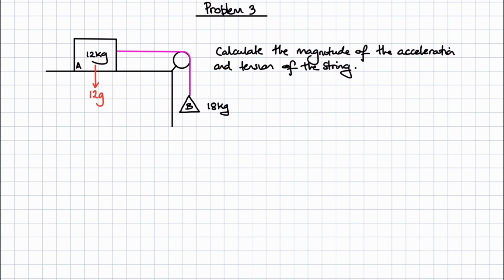It's resting on a horizontal surface, so since it's in contact with this surface, there will be a contact force, a normal reaction force acting vertically upwards. It's connected together by a light inextensible string, and the string is taut, so therefore there will be tension in the string, and we can indicate the tension as follows.